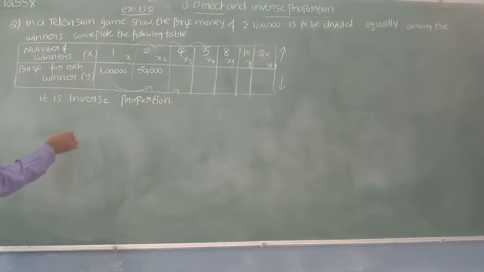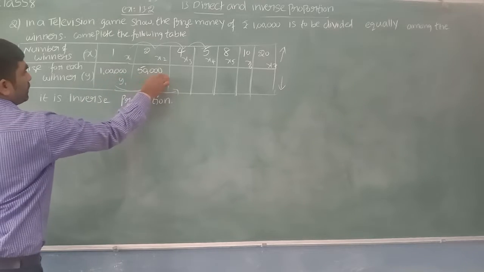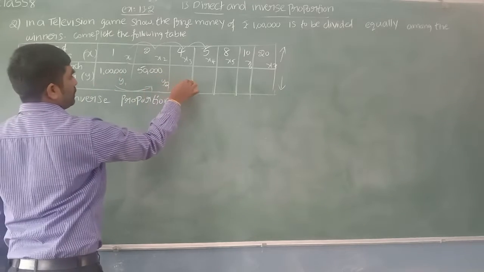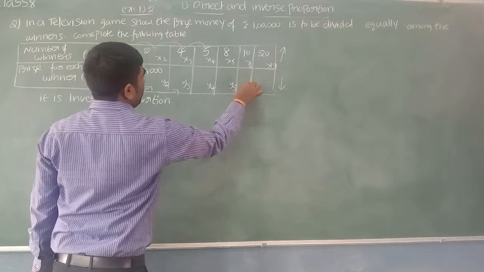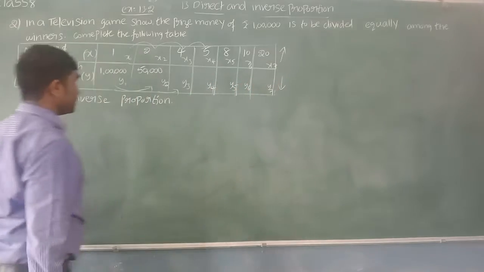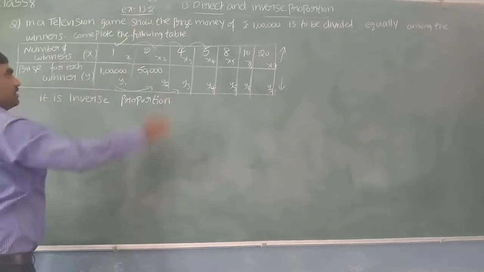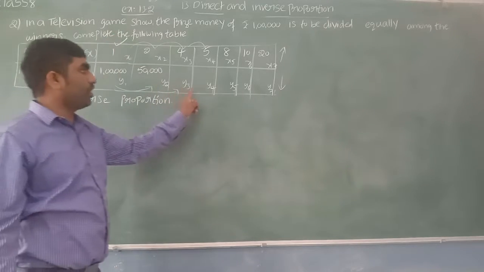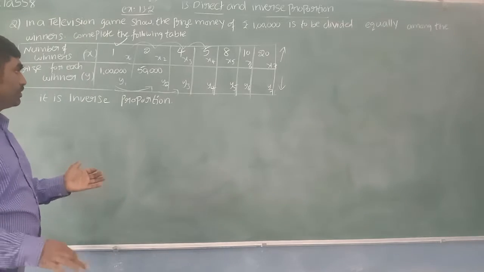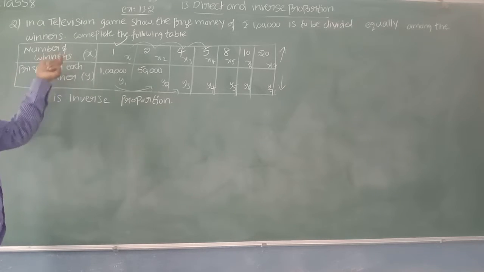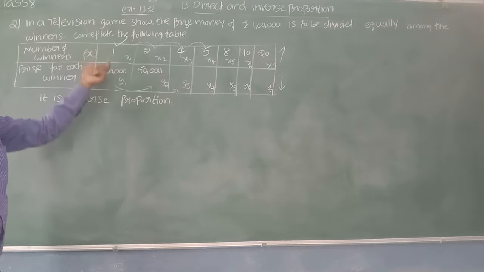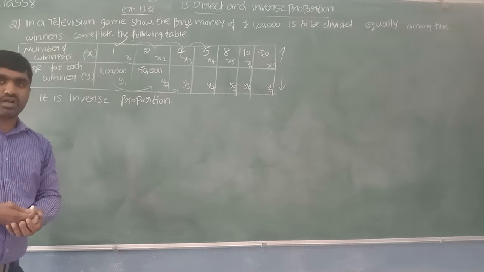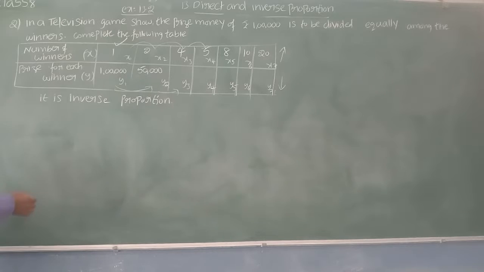And the corresponding values of y as y1, y2, y3, y4, y5, y6 and y7. Now by using this, we will try to find all these unknown values. When two quantities are in inverse proportion, the product of corresponding values remains the same constant. So let us multiply x1 into y1.